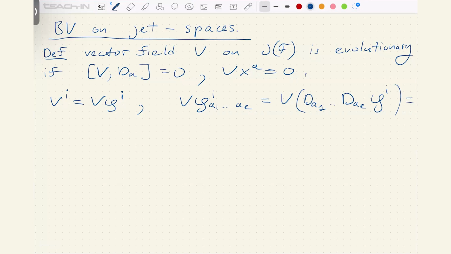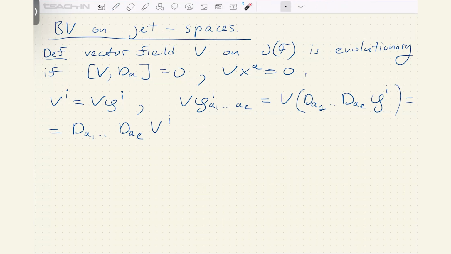But because V commutes with d_A, this is precisely d_{A1}...d_{AL} acting on V^i, right? So it means that to characterize our vector field, it's enough to give these functions.